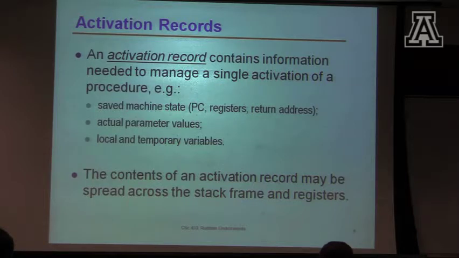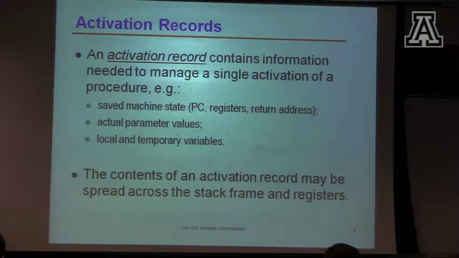So how is an activation record different from a stack frame? Well, the contents of an activation record is information that is needed to manage that activation of the function. The contents of the activation record may be on the stack, it may be on the heap, it may be in registers, wherever.